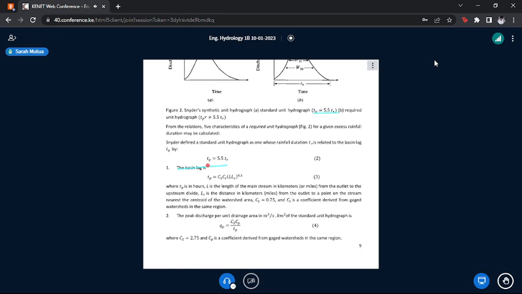The reasoning behind synthetic hydrographs is that you study similar catchments and develop empirical relationships. Now, the TP that is calculated is usually in hours.